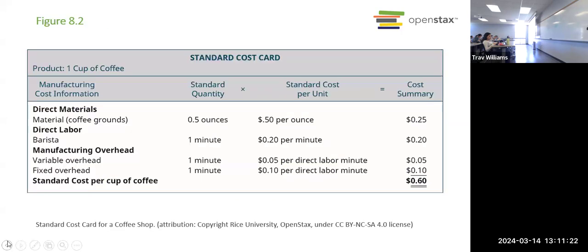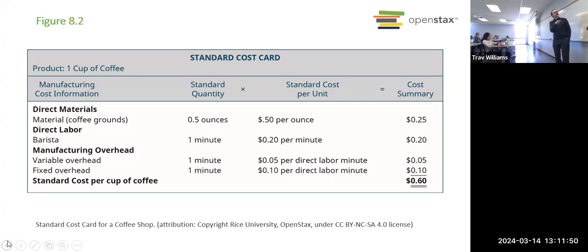Okay. We saw what a cost card might look like, where you set out what your standard costs are. Remember that when we're talking about the production of products, you've got material, labor, and overhead, right? And so with each of those, we've got a standard quantity and a standard cost, which could be a rate, could be a price, depends on what we're talking about.